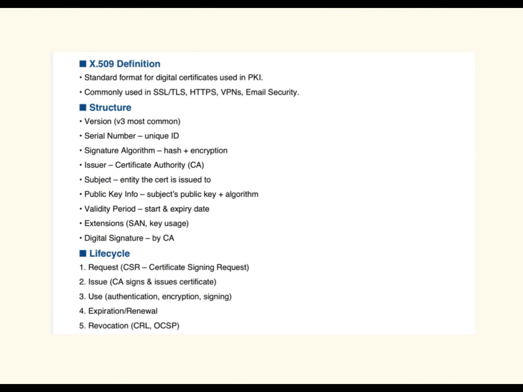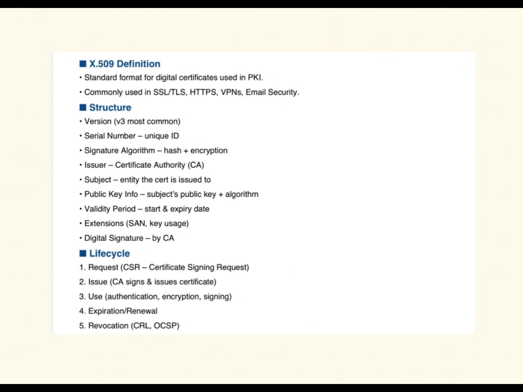So the exam tip is: X.509 is the PKI certificate standard. Trust comes from the CA digital signature. The life cycle includes request, issue, use, expire, revoke. Revocation is via CRL, offline, or OCSP, online.